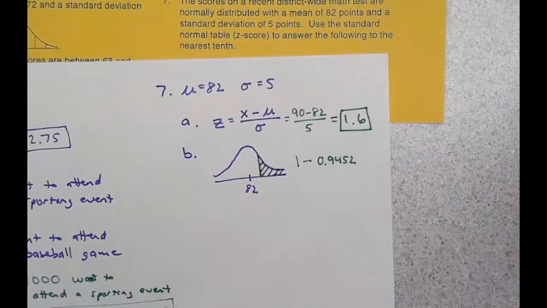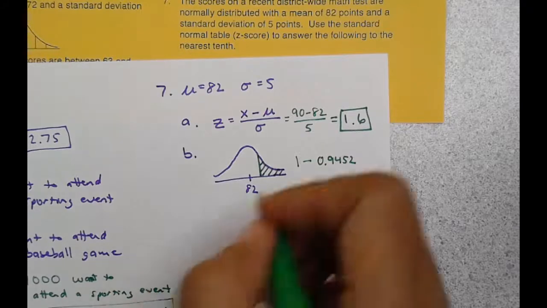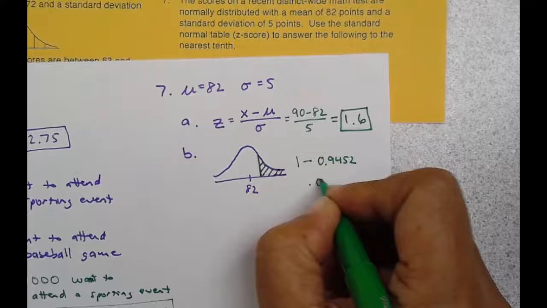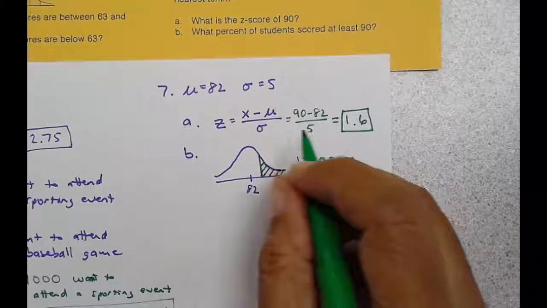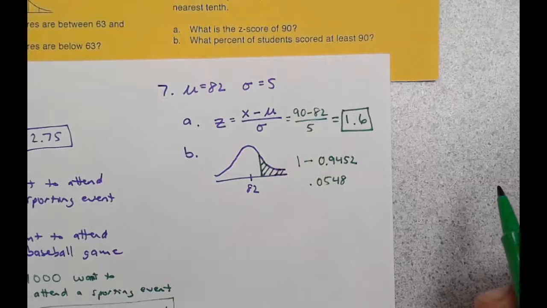And so in order to find this value, we're going to have to do 1 minus the 0.9452, which gets you a 0.0548. And this wants the percent, so let's go ahead and change that to a percent.